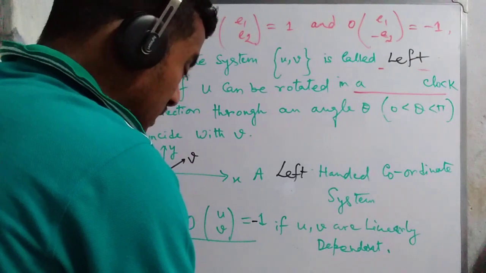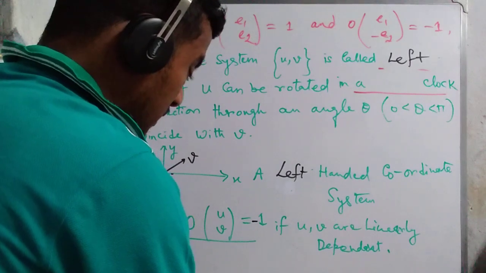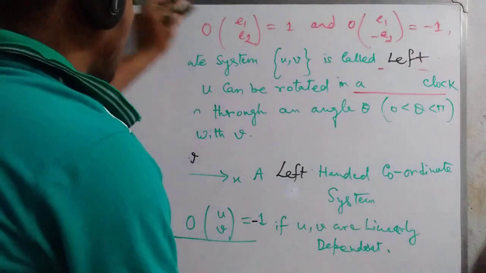So any ordered set (u, v) in R square determines a parallelogram. We now erase that portion and go on to further discussion.